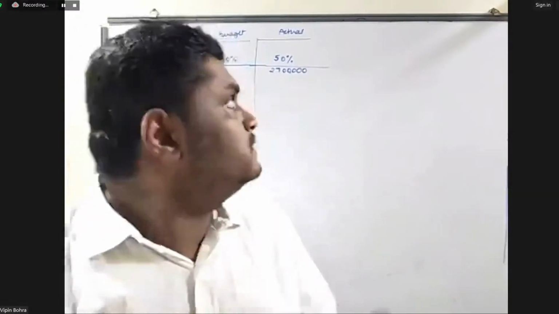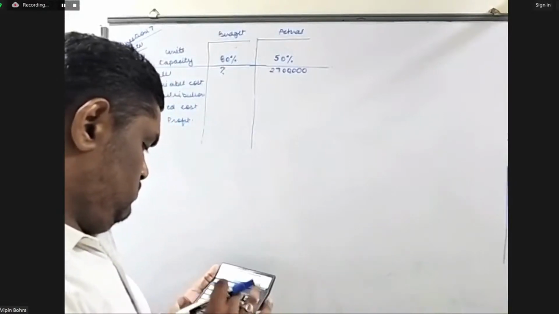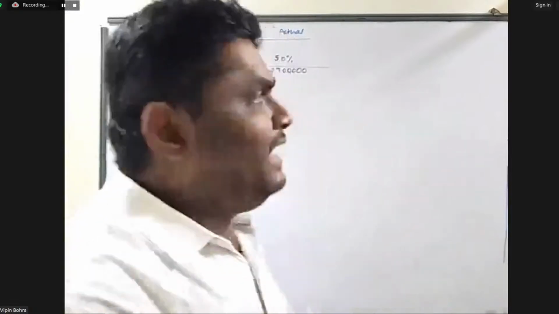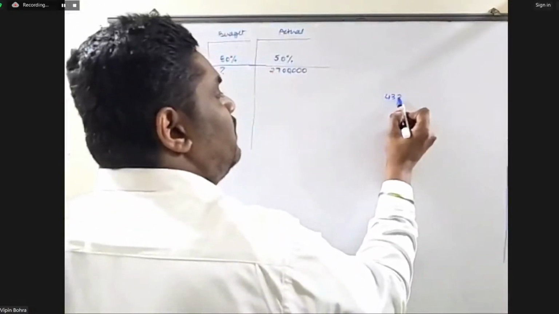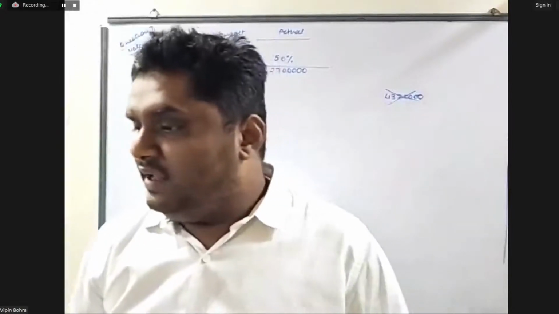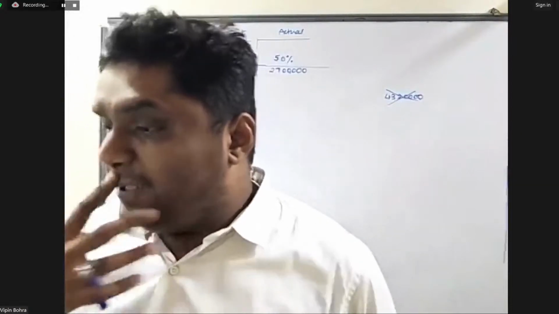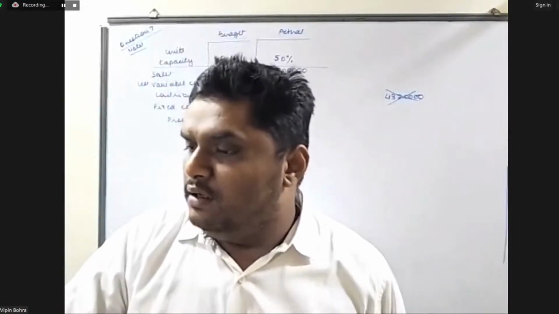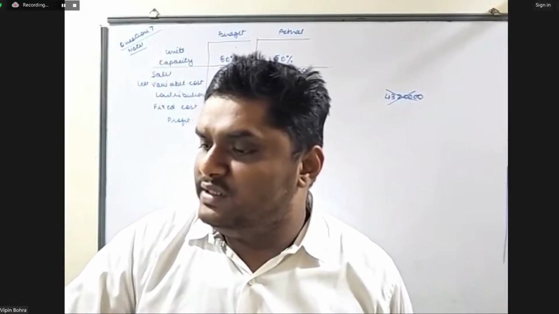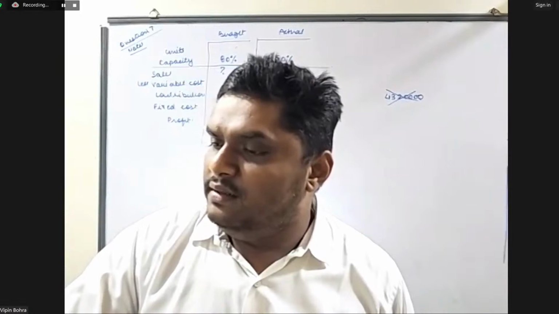Let me check first. Those who have posted 43,20,000, it is incorrect. I think everyone, Swati, Rohan, Sanjana, Sanya, Shweta, has posted the same answer, that is 43,20,000. Your answers are incorrect.